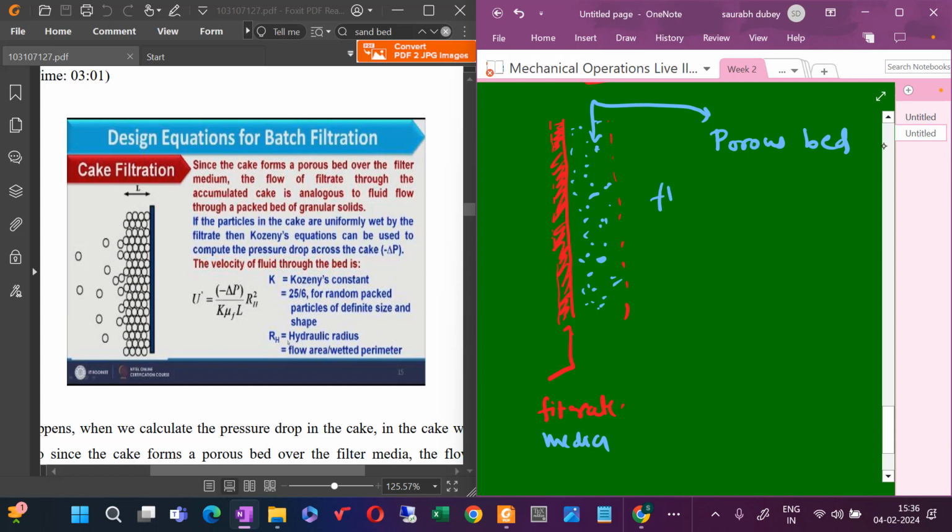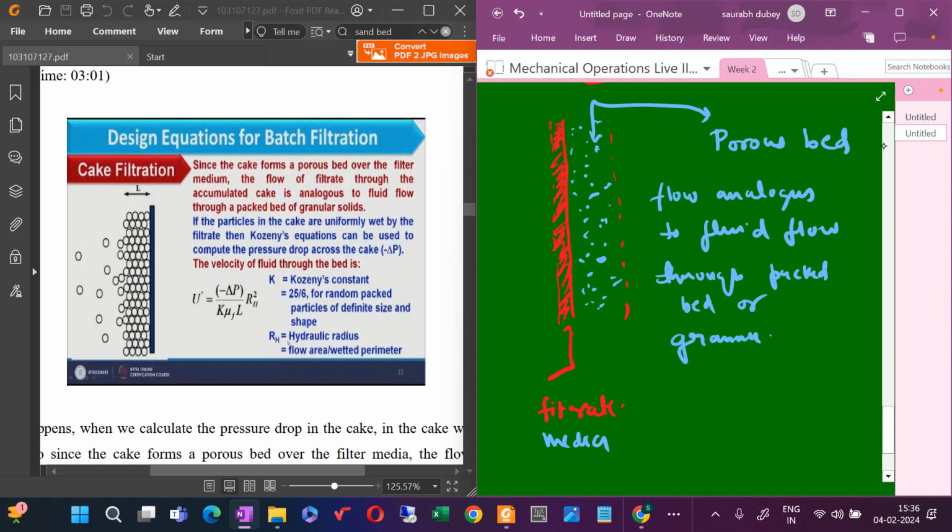So flow analogous to fluid flow through packed bed or granular solid. That is the most important point over here. And this assumption clears the way to use the Kozeny equation.